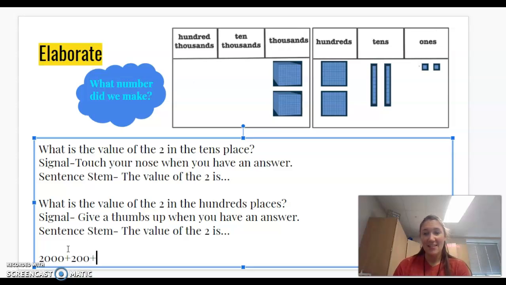In the tens column, we have two tens blocks, and so our value is 20. In our ones column, there are two single ones cubes, and our value is 2. That's 2,000 plus 200 plus 20 plus 2, and that equals 2,222.